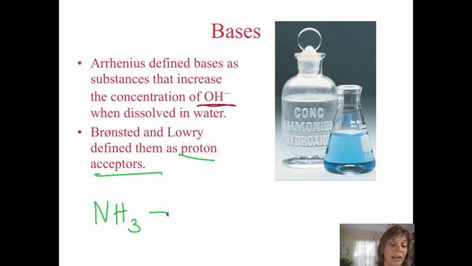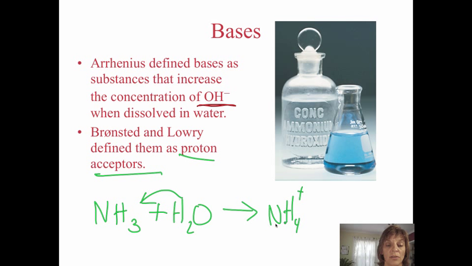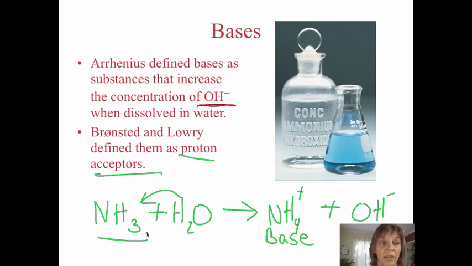So ammonia, if it does get added to water or something that could donate a proton, will form ammonium ion. So it accepted the proton from the water to make a base. Now it turns out in this case, water leaves behind hydroxide, so it looks a lot like an Arrhenius base too. But the ammonia itself is called a Bronsted-Lowry base.